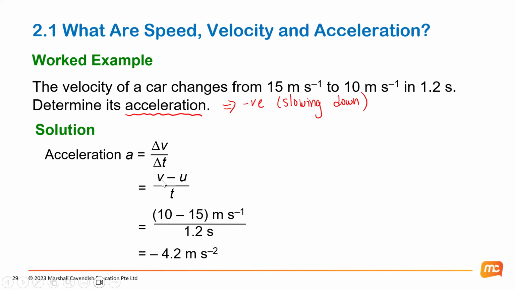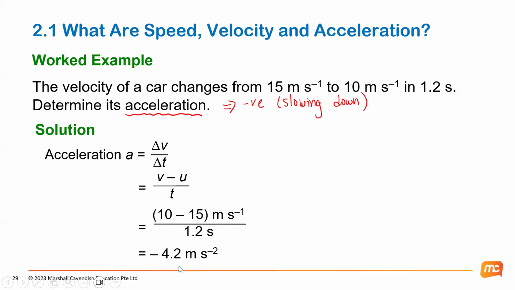The final velocity of the car, that means the ending velocity, is 10, and 15 is my starting velocity. So I get 10 minus my initial velocity, which is 15, divided by the time taken, 1.2 seconds.